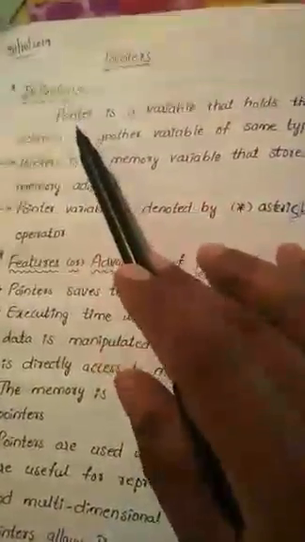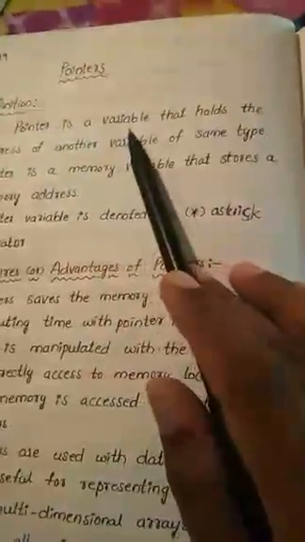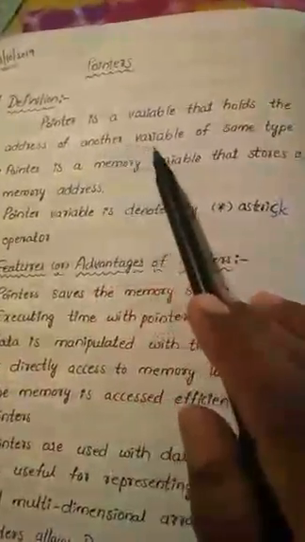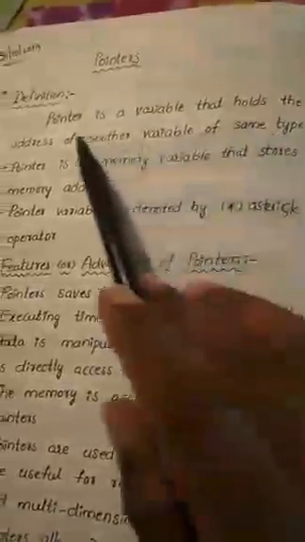Pointer definition: a pointer is a variable that holds the address of another variable of the same type.